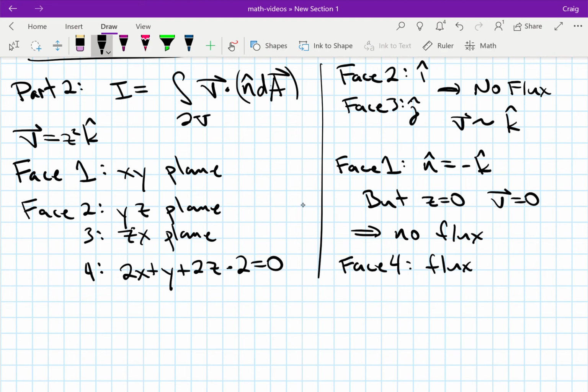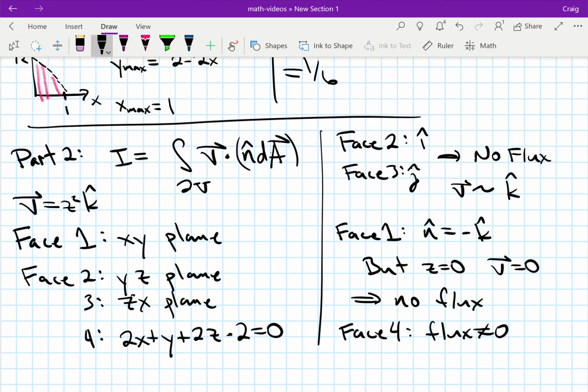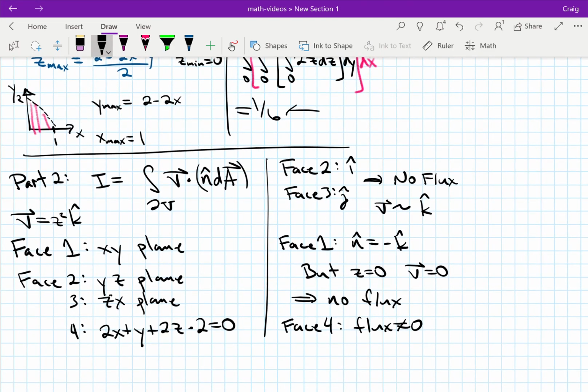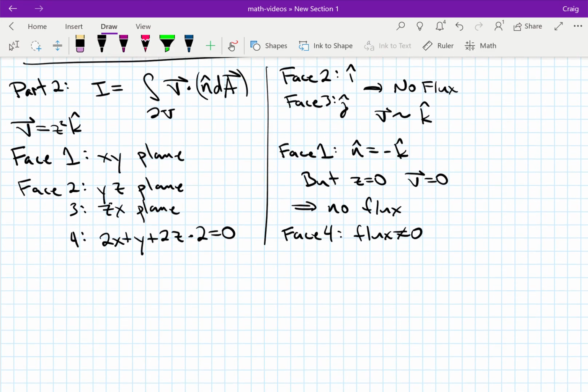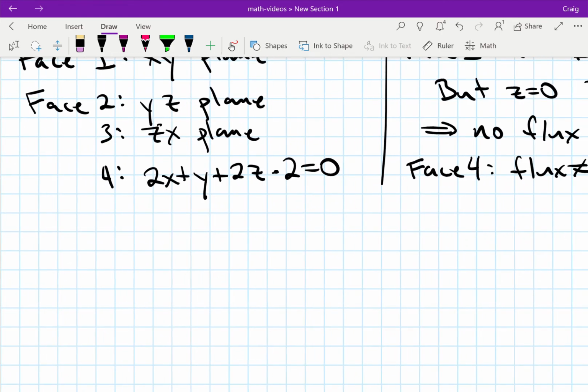Flux is not equal to 0, and if we believe the divergence theorem, we should come up with an answer of 1/6. So let's use our favorite naive parameterization, and so let's write z as a function of x and y, and let's integrate over x and y.